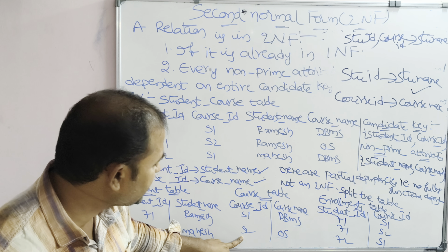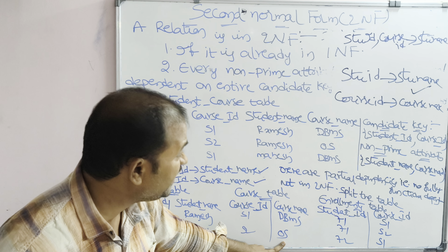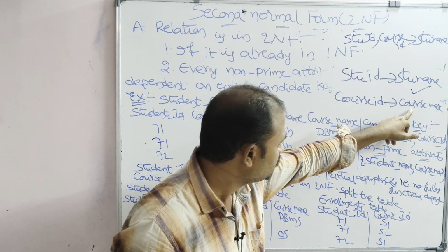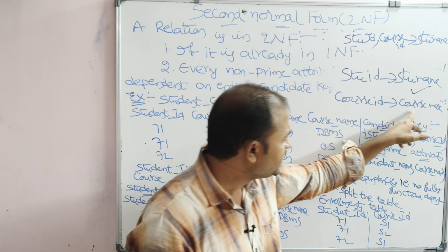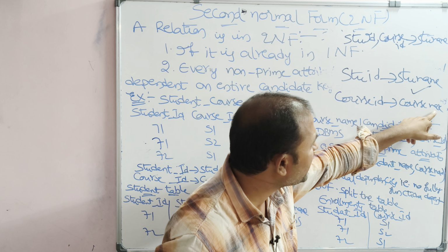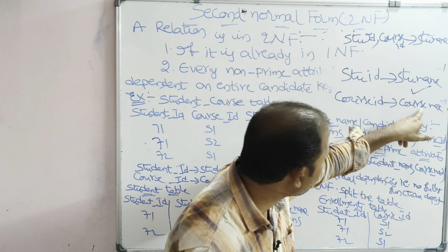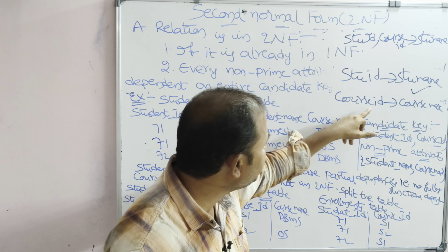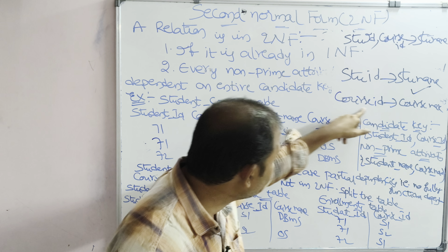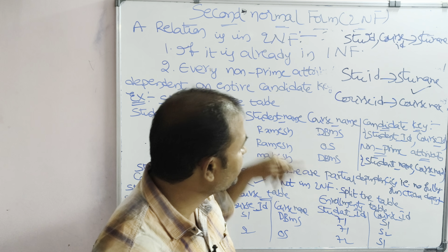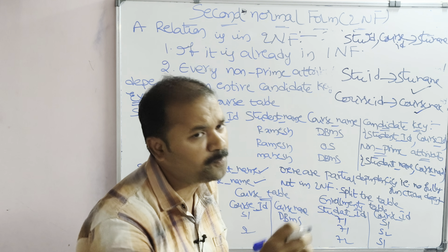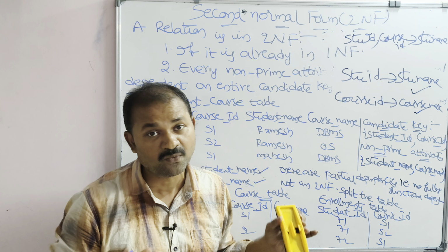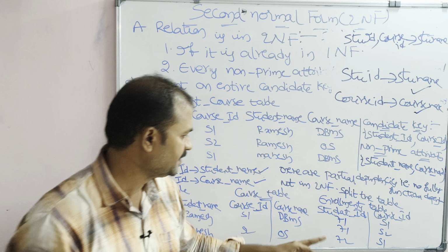If the course ID is S2, then the course name is operating system. So course name depends on course ID. Here course name is a non-prime attribute, functionally dependent on the entire primary key. So there is no partial dependency. We have fully functional dependency.